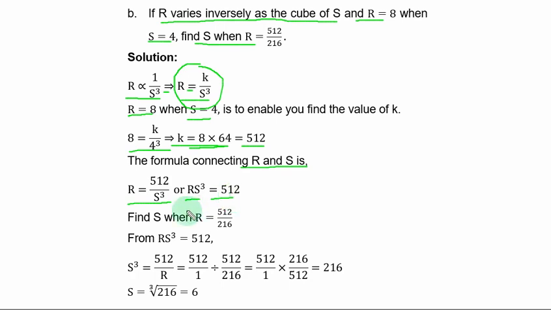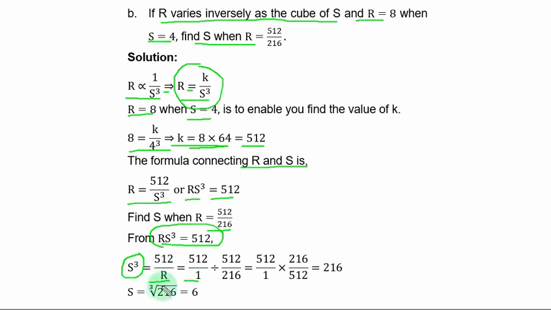You are now asked to find s when R is equal to 512 over 216. So let's recall this formula and simply make s cube the subject by dividing through by R in this form. So you have 512 over 1.